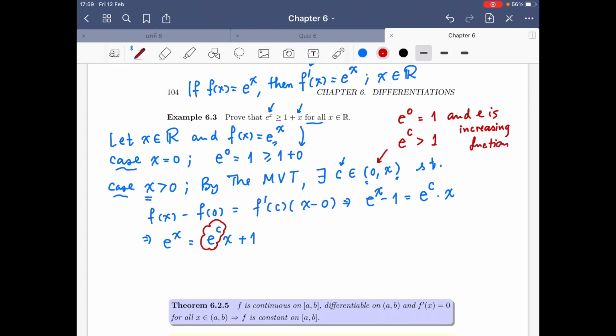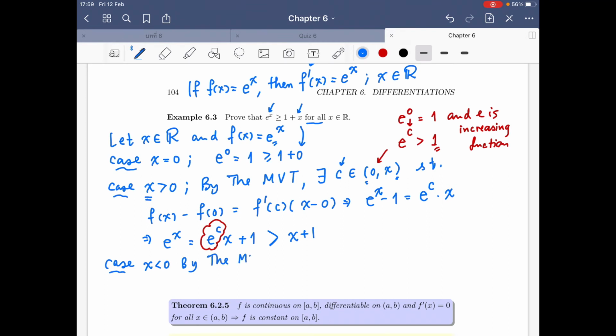So as your c gets larger than 0, your e to the c will be greater than the function value at the 0 point. So this is greater than 1. It means that this can be greater than x plus 1. If it is greater than, you can say it is greater or equal, but I'll keep it as greater.